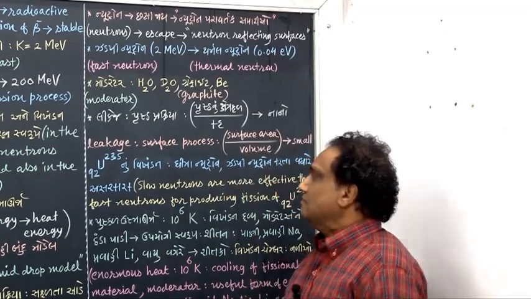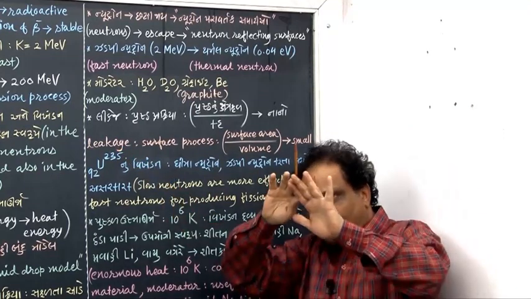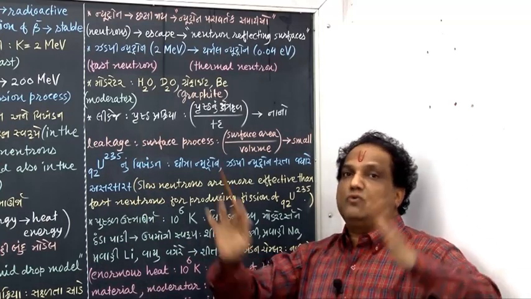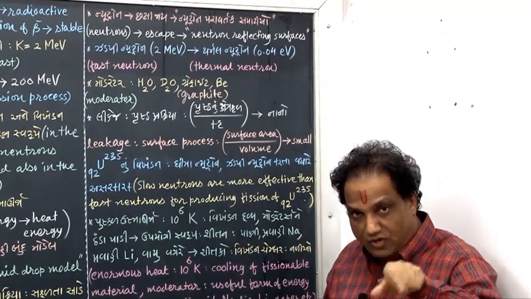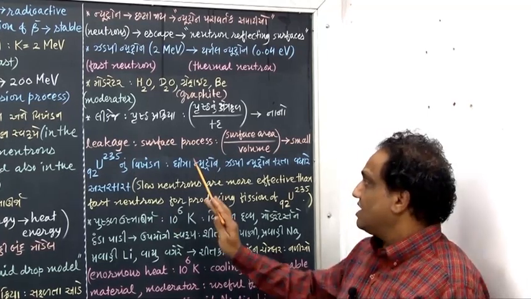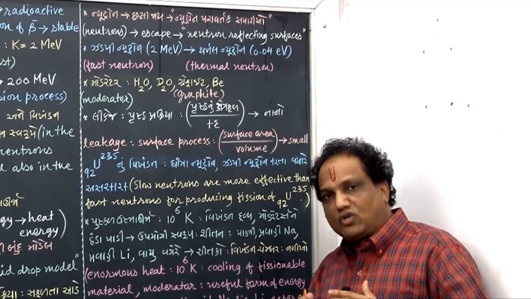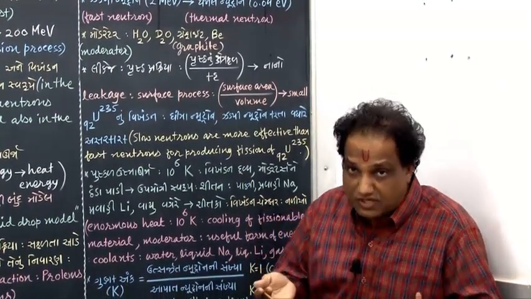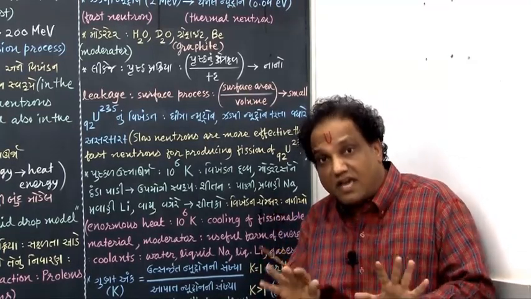Then there is one more problem. Through the surface of fissionable material, some neutrons leak outside. Because that leakage is happening at the surface, we call it a surface process, correct? Through that surface process, we have loss of fission neutrons. We would like to use their energy, so we should minimize that leakage.